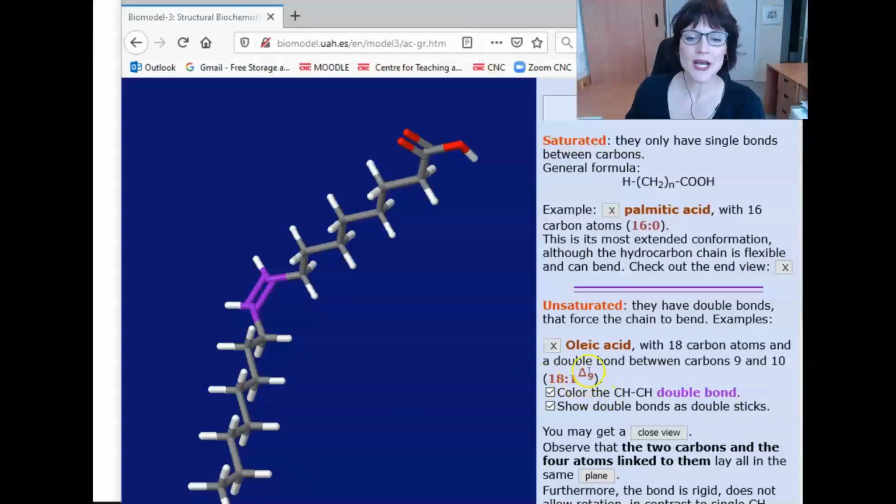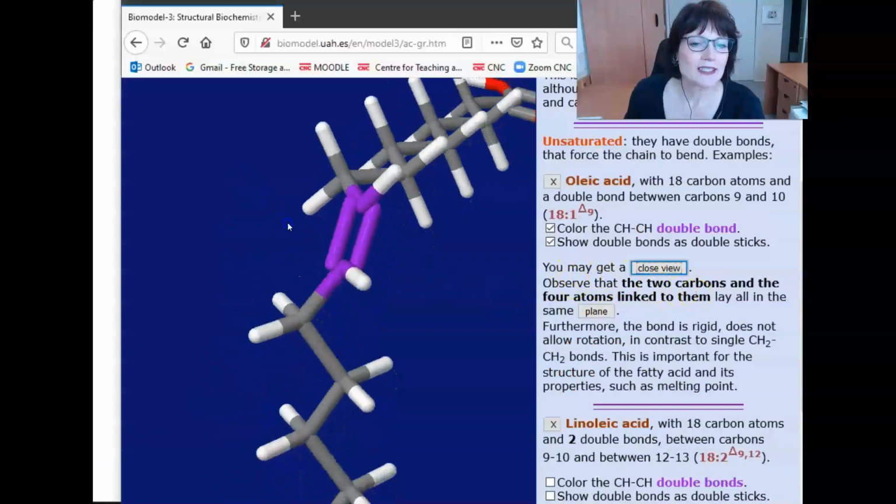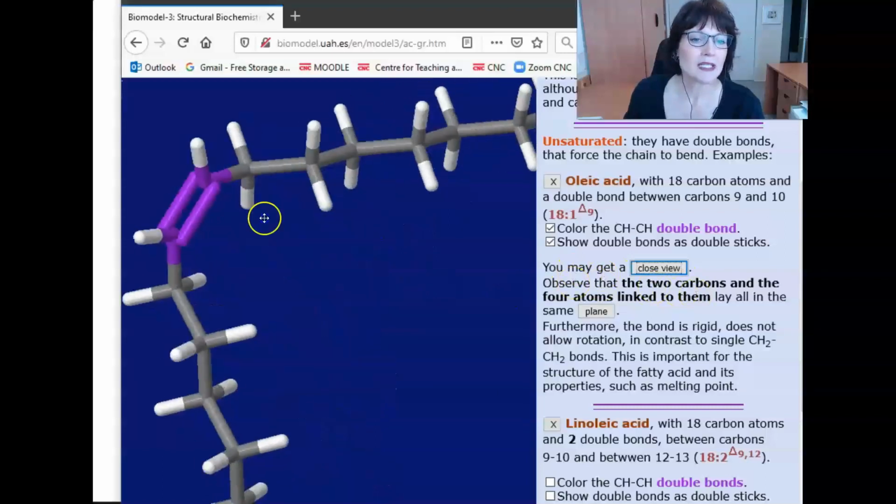And so the 9 represents the fact that here's the carboxyl group with the 1st carbon, 2nd, 3rd, 4th, 5th, 6th, 7th, 8th, 9th carbon, and the 10th carbon is involved in the double bond. If you clicked on close view, you can see in greater detail the double bonds.